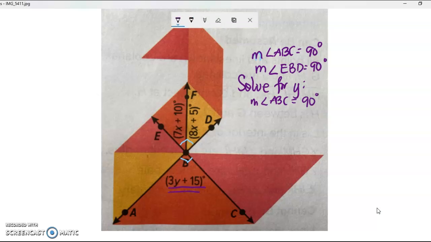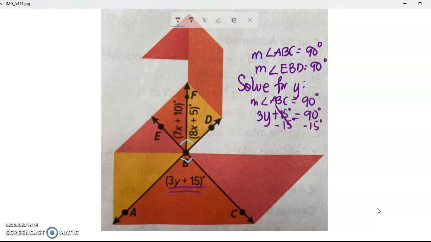Let us substitute the value of the measurement of ABC, which is 3y plus 15 degrees, equal to 90 degrees. We want the whole number to go to the other side, so we subtract 15 on both sides of the equation.